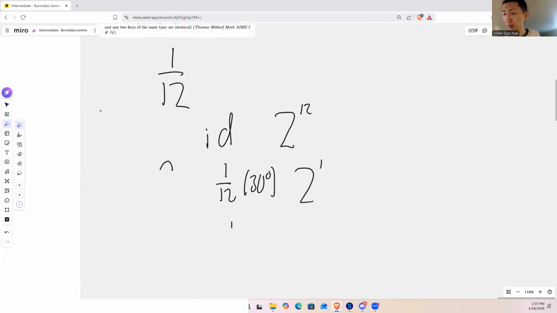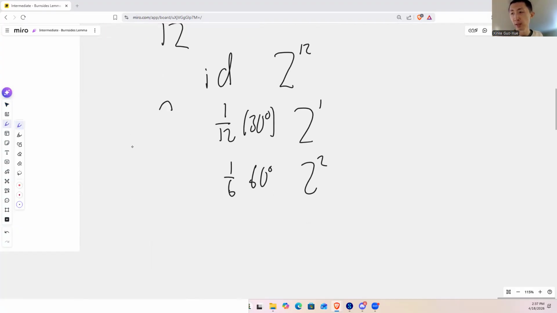If it's 1/6 of a circle, a 60-degree rotation, then it's just 2 squared because all the even number keys are the same and all the odd number keys are the same. So there's two sets, every other key. If it's rotating by 3 keys, now there's going to be 2 to the fourth.